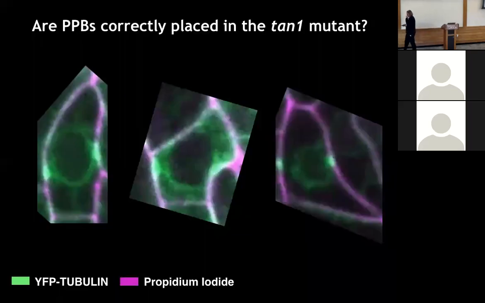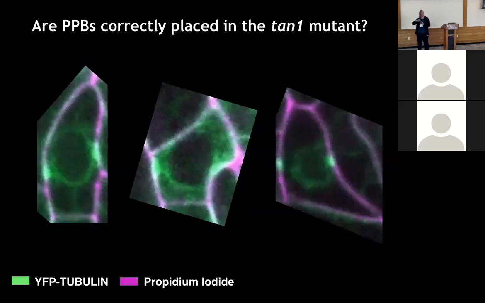But when we started looking at tangled mutant cells, and this should come as no surprise because this is what you saw with the scanning electron microscopy as well, when we outline the cell walls in purple here, and we look for the pre-prophase bands, you can see immediately that some of the tangled mutant cell shapes are very aberrant.